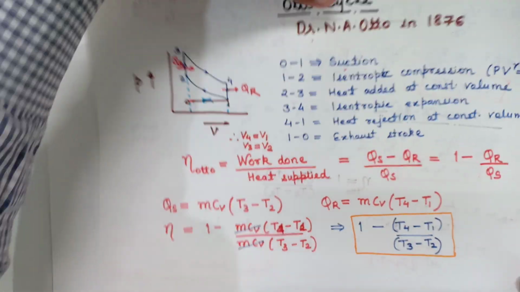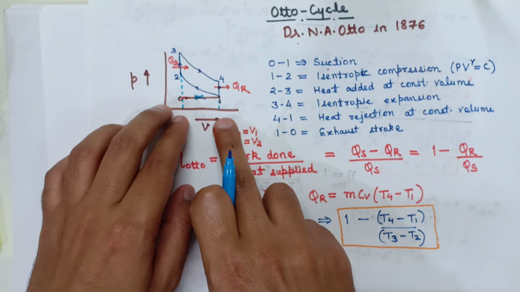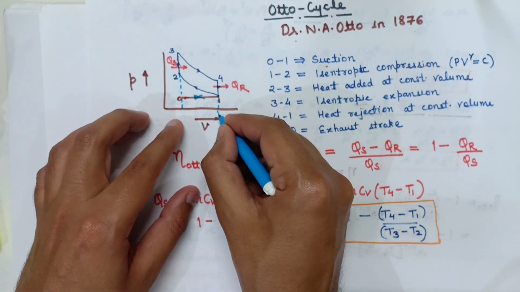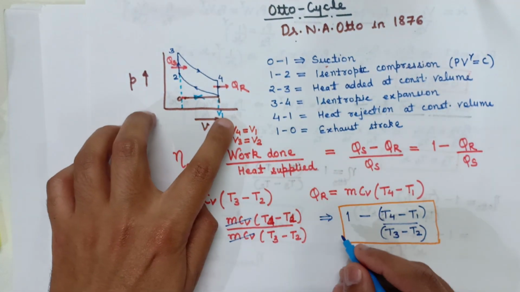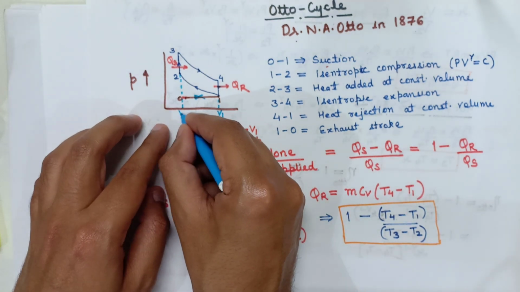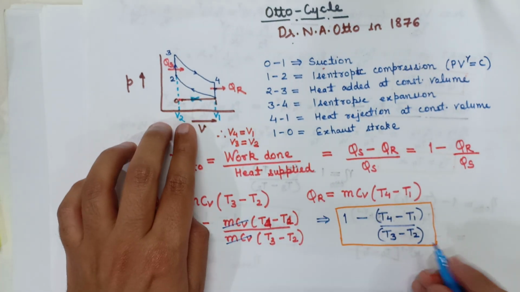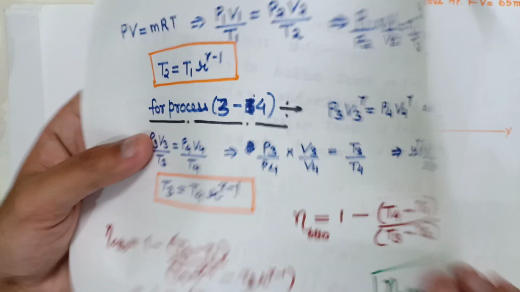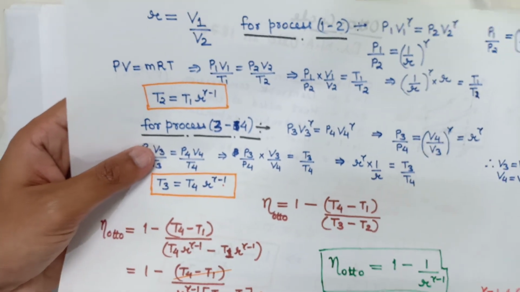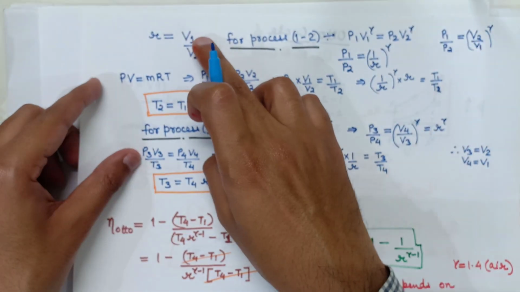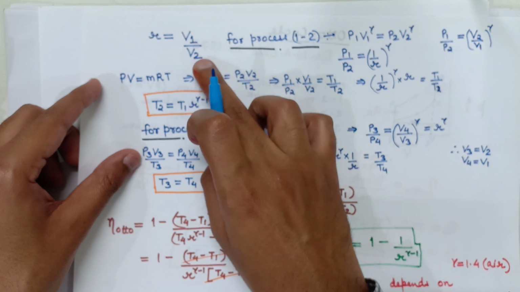As we can see in the PV diagram, this is the maximum volume which the cylinder contains, that is V1, and this volume is V2, that is the clearance volume. So it is a ratio of total cylinder volume upon clearance volume.